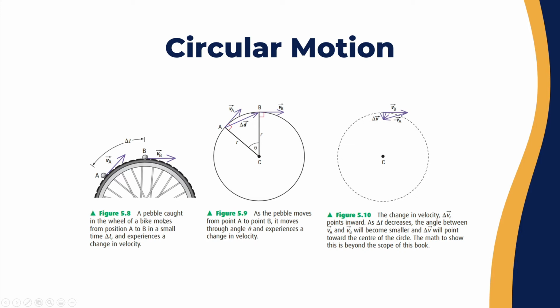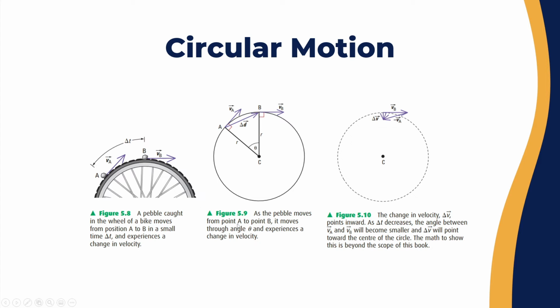So the pebble or the little rock will be caught in the wheel of the bike and move from position A to position B as the tire is moving, along a certain time that we call delta t, and from point A to point B the velocity of the rock on the surface of the tire is changing.